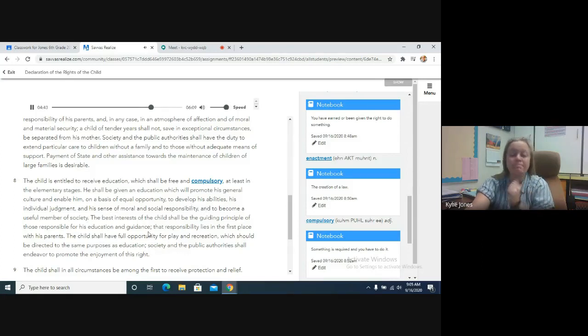The best interests of the child shall be the guiding principle of those responsible for his education and guidance. That responsibility lies in the first place with his parents. The child shall have full opportunity for play and recreation, which should be directed to the same purposes as education.